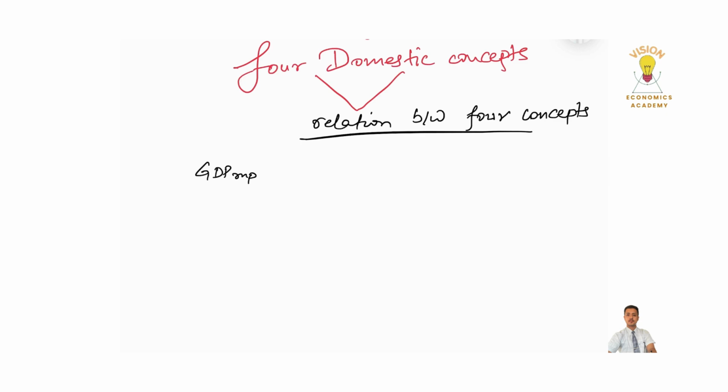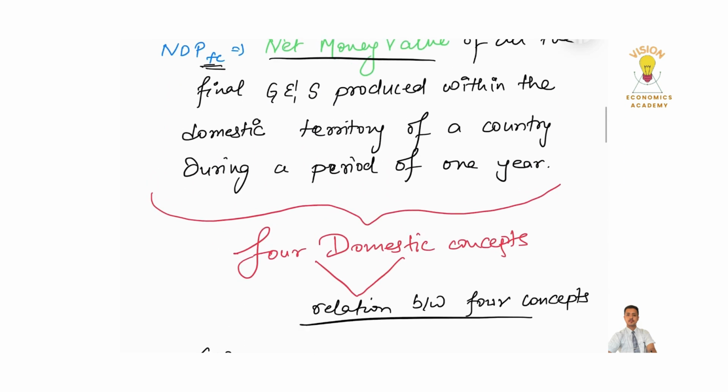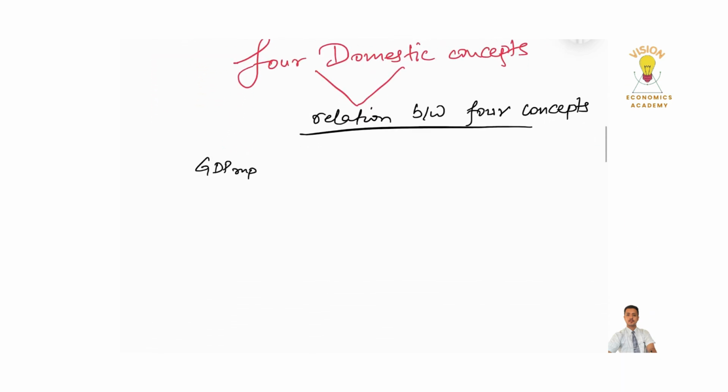Now from GDP MP, if we want to get NDP FC, from gross to net, we have to deduct depreciation, right?